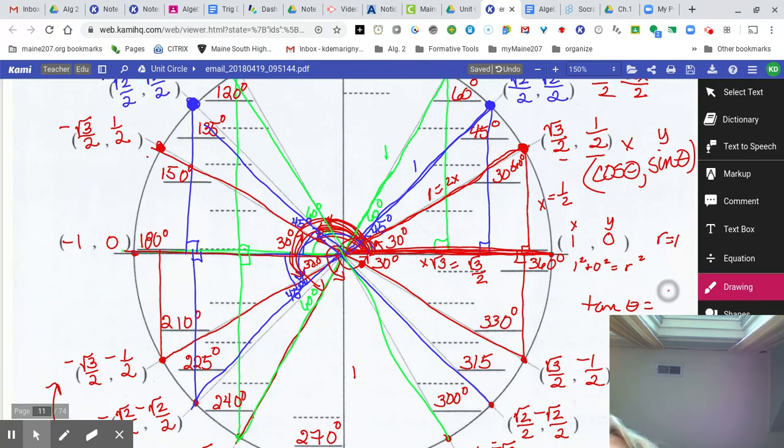It was always a y over an x. That's how we found it. So in order for us to find what the tangent of any of these angles are, I'm going to take the y value, put it over the top of the x value, and I'll have to rationalize it if it needs to be rationalized.